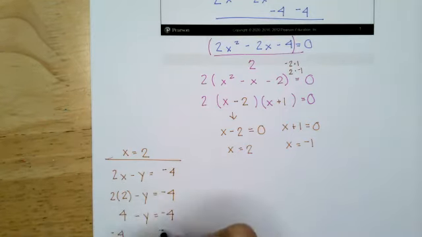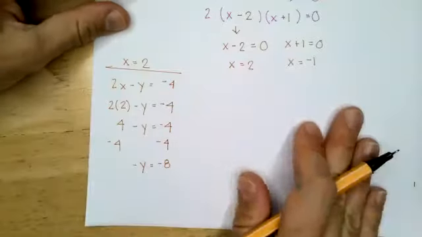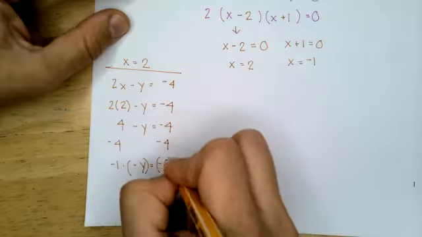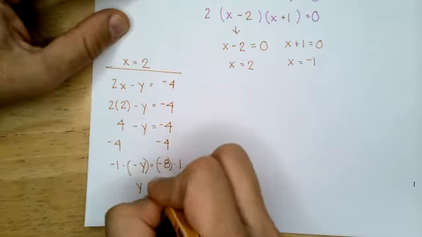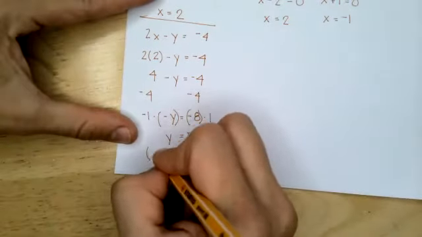So that's 4 minus y equals -4. Subtract 4. -y equals -8. Multiply by -1. y equals +8 when x is 2. So that point is 2, 8.